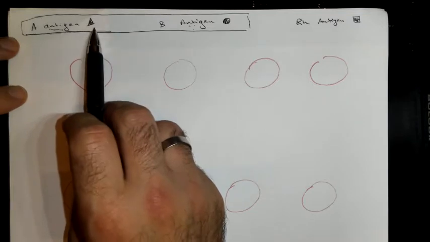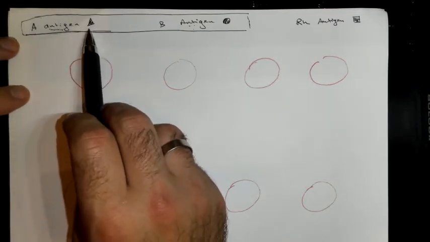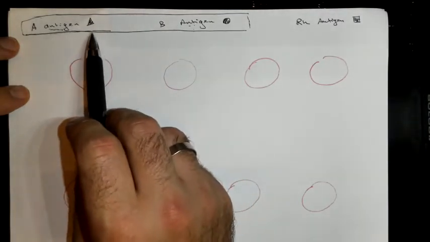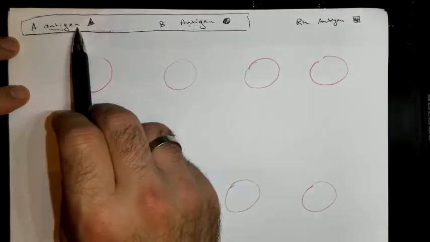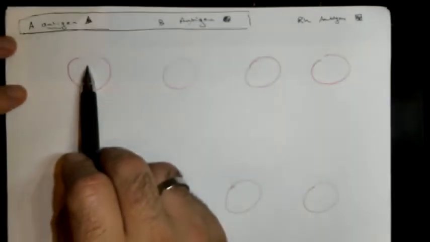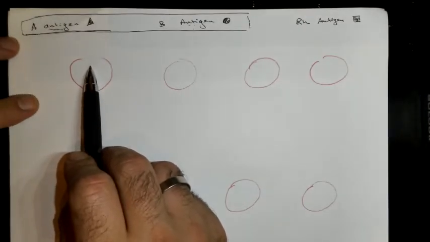And so the individual is basically born with these. And the reason why they're born with these is because their DNA has the genes for these, and therefore that DNA is expressed through transcription/translation onto the surface of these cells.